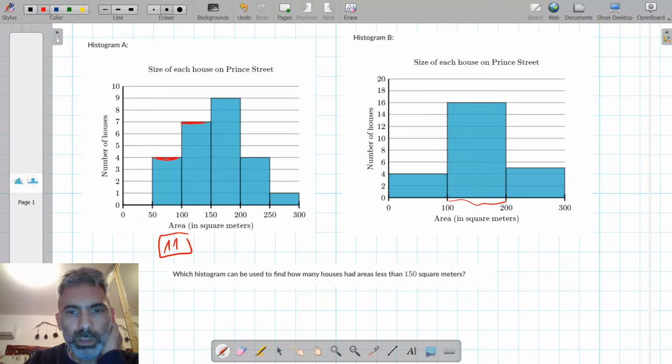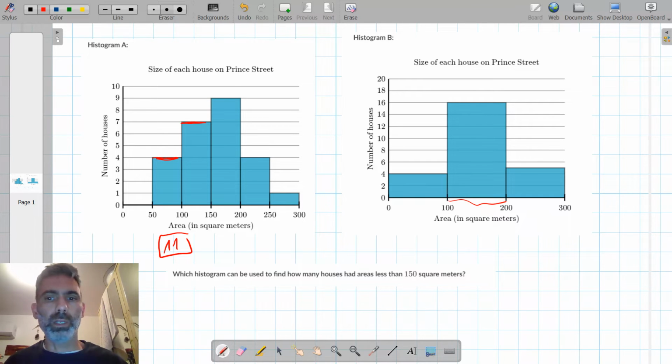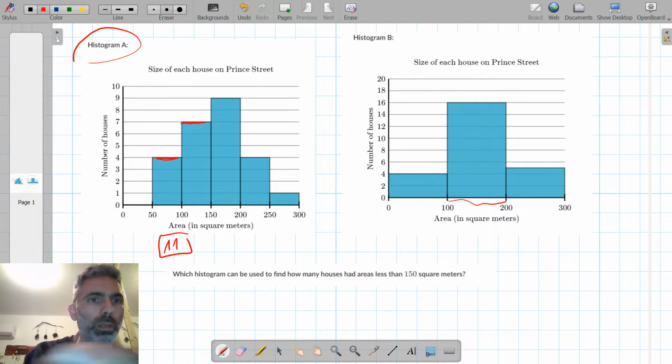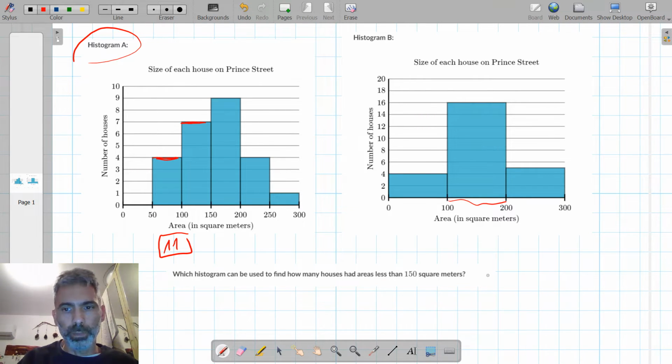So this group represents all the houses that have an area of 100 to 200, but we don't know how many houses have an area of 150 or less. So this question, histogram A, is the one that can give us the answer.